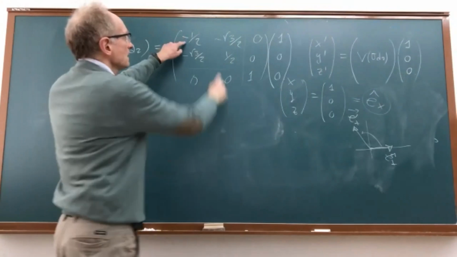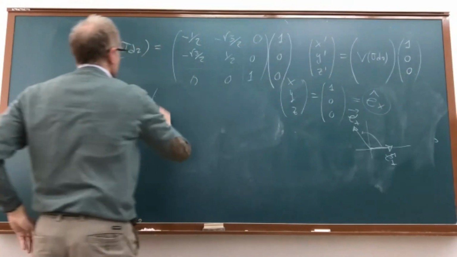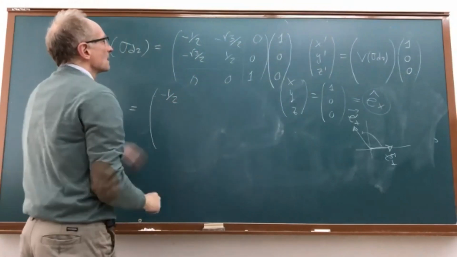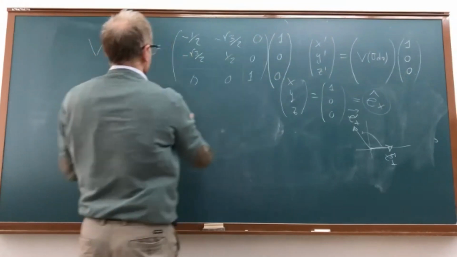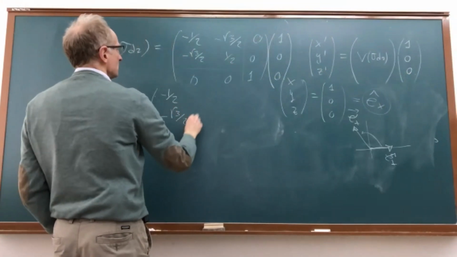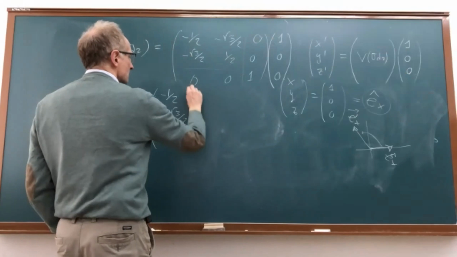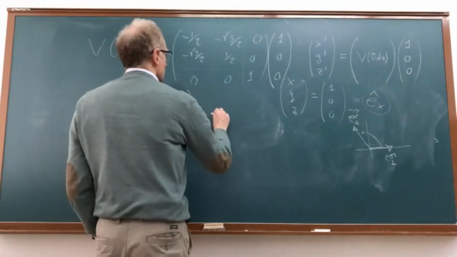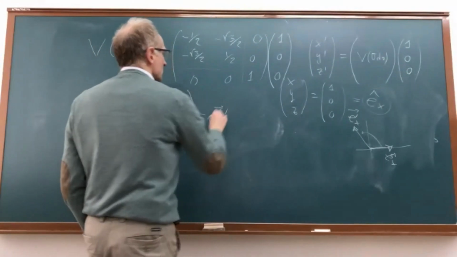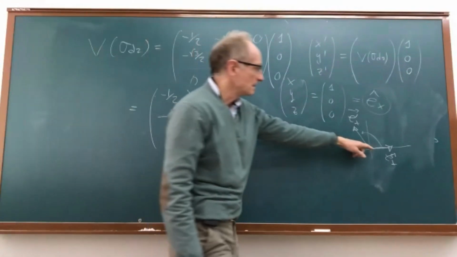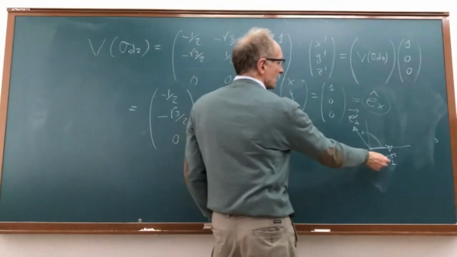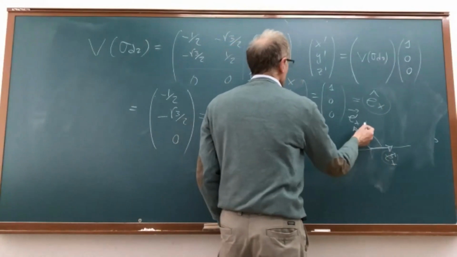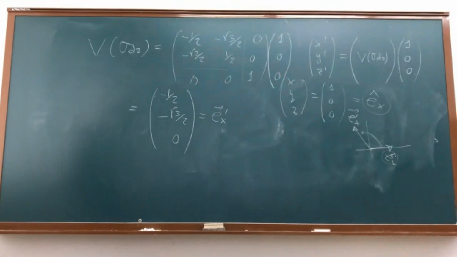Well, I multiply. So the first one gives me -1/2. The second one gives me -√3/2, and then 0. So this is just Ex prime, the effect of a 120 degrees rotation on the unit vector.